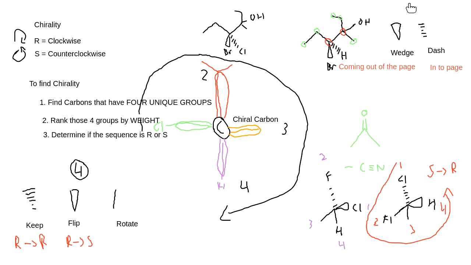If you definitely want to know why, I'm sure they might talk about it during lecture. If not, then don't worry about it. Just understand that the fourth group has to be a dash, and if it's not a dash, if it's on a wedge, then you have to flip it.